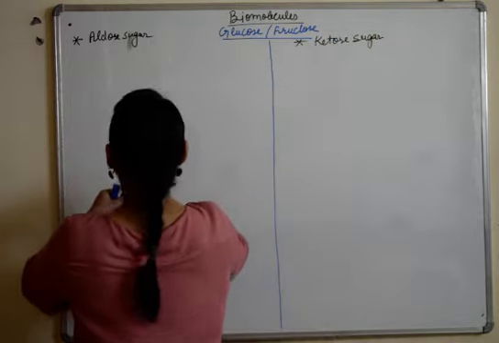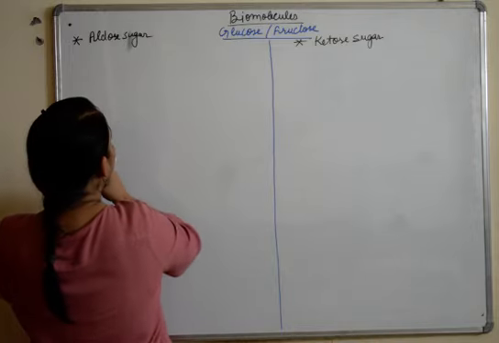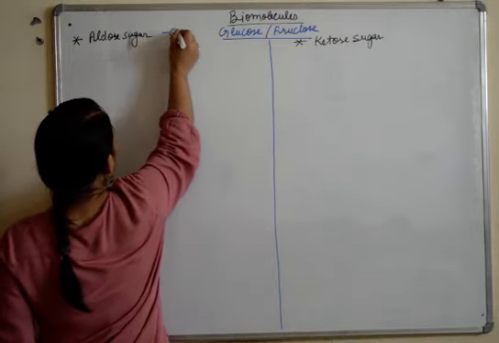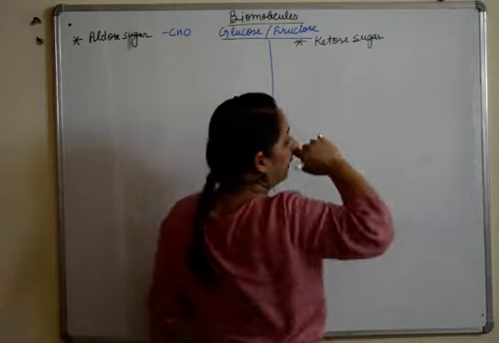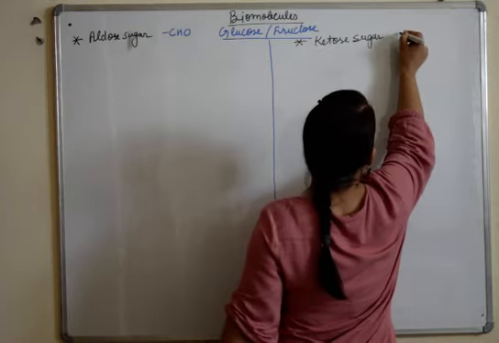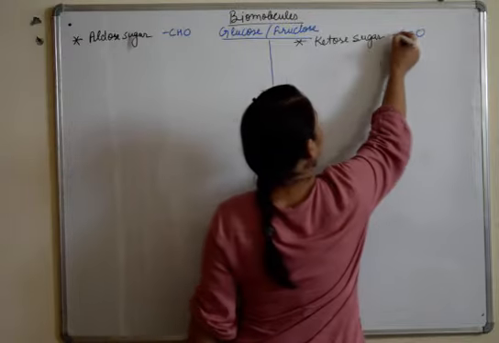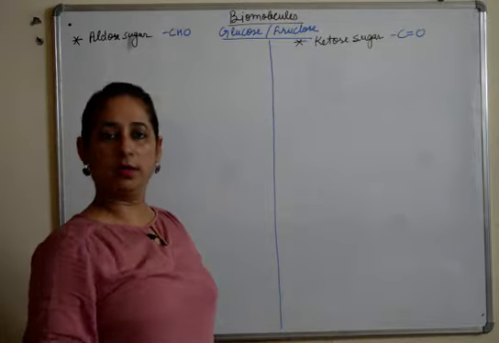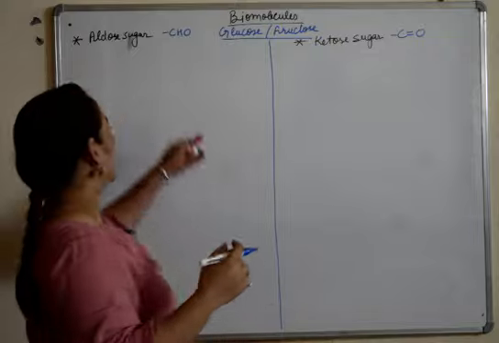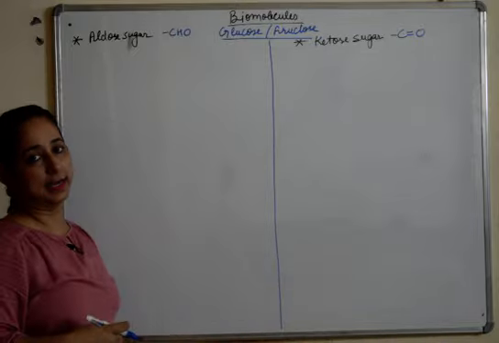Why? Because glucose has an aldehyde group present at the terminal end, whereas ketose has a ketone group present in the middle of the skeleton or the middle of the chain, whereas aldehyde is present at the terminal end.